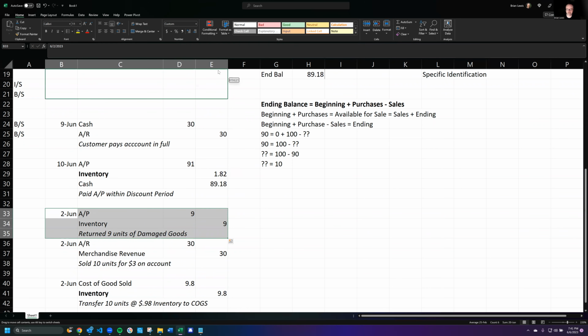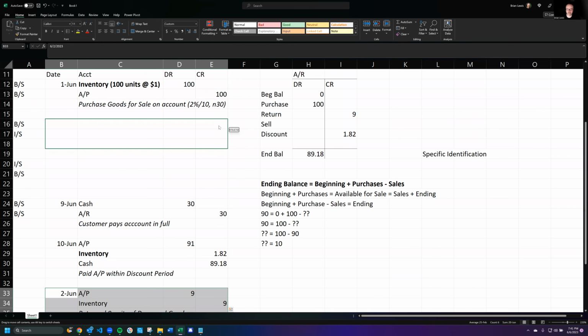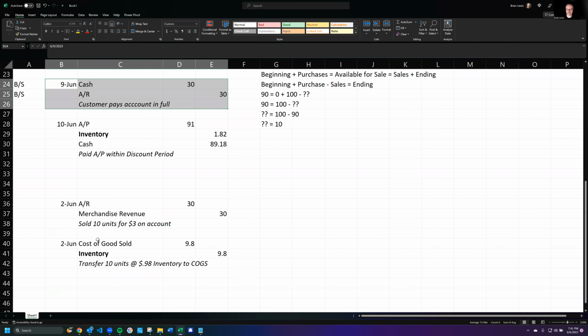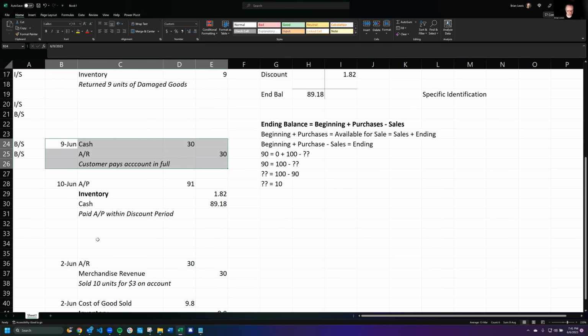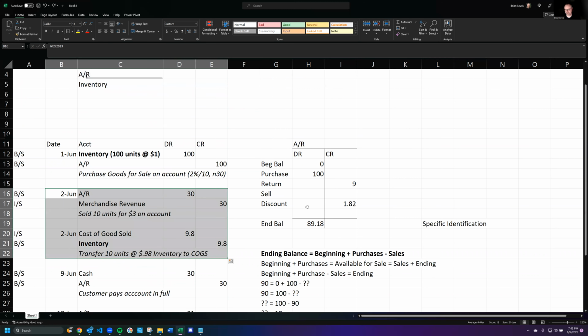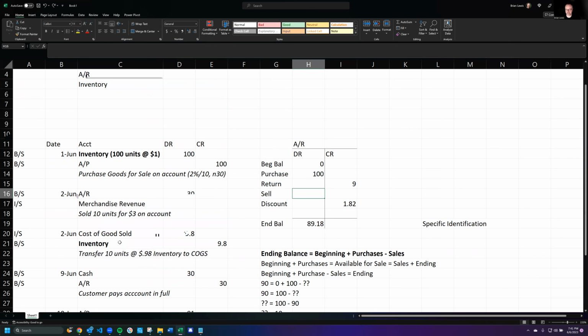Okay, so we put this in an order that will make things a little easier. Inventory. I'm not sure if I'm making it easier or not. I'm not making it easier, so we'll just reconstruct the sell, the cost of goods part.